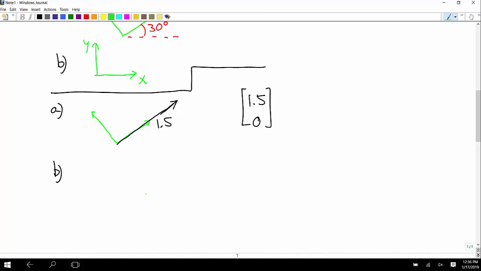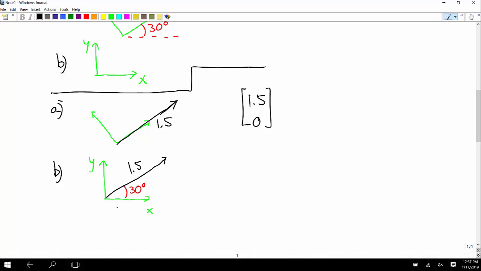In the second case, let me try to make that look parallel. That's a little better. Okay, so length of 1.5. This angle is 30 degrees.